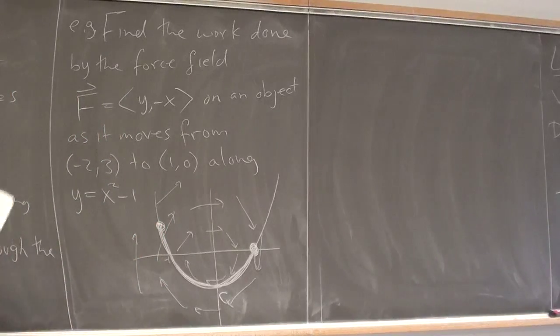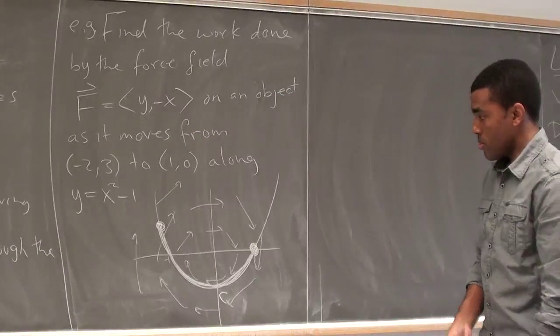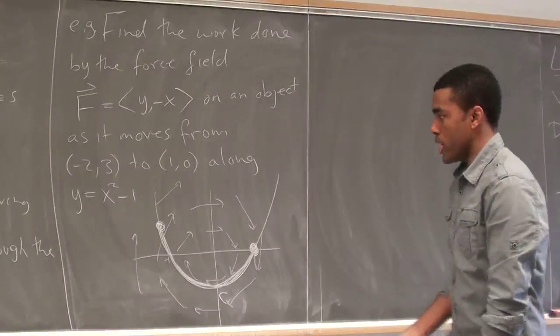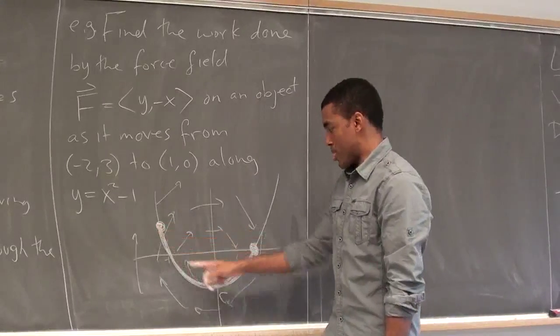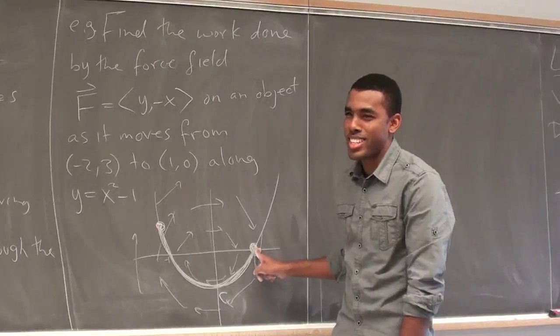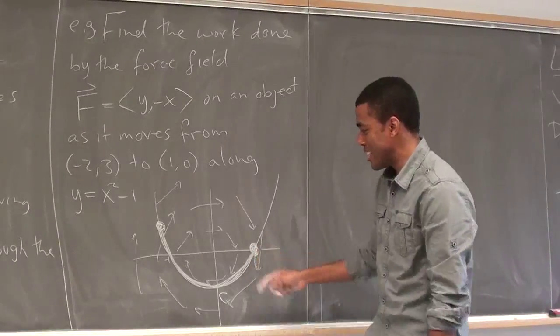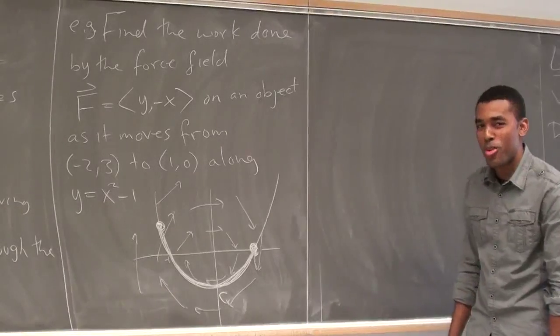So your field could look like this, and it could represent something like water, a whirlpool or something like that. We're here, and someone is drowning over here, and we want to figure out how much work it would take to actually save his life if this is the safest path to travel along. Is it really worth all that work?